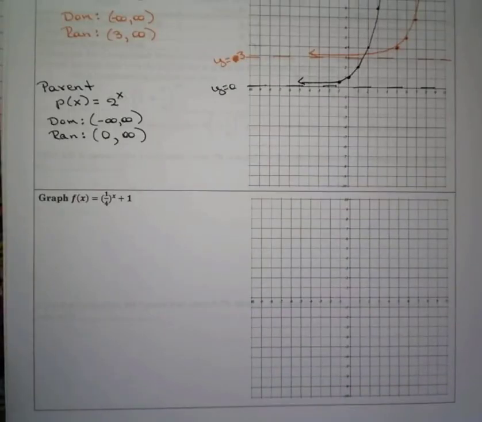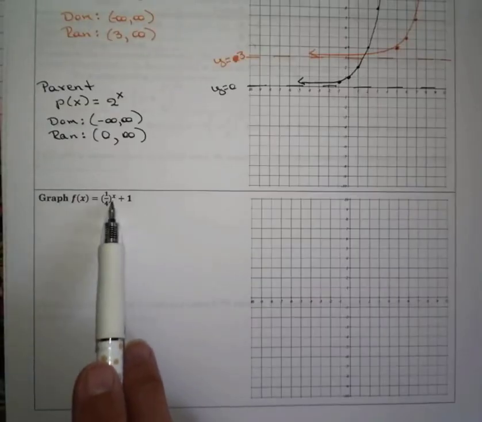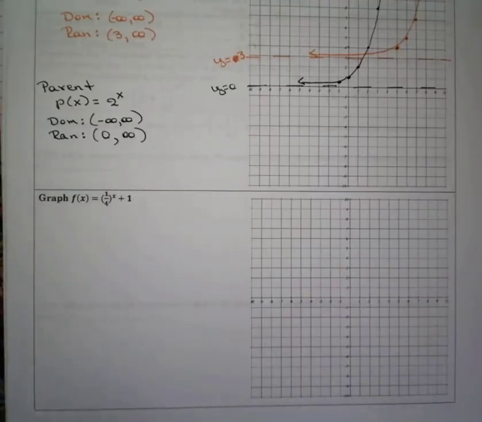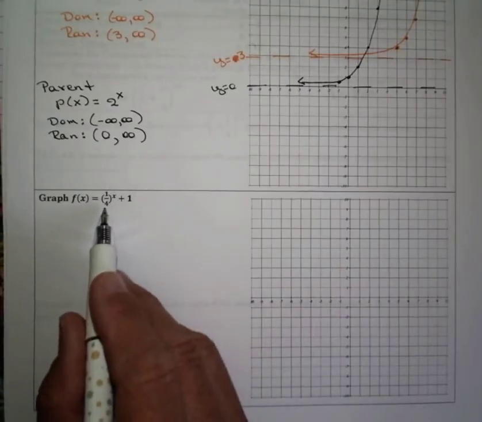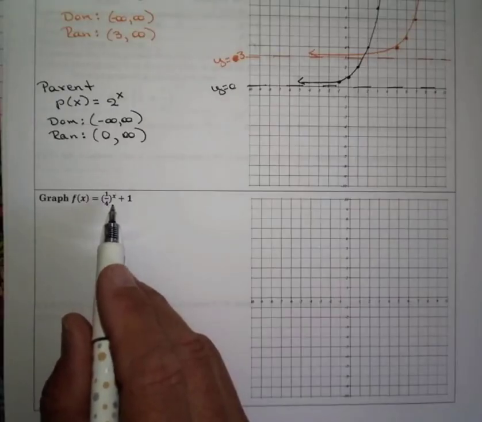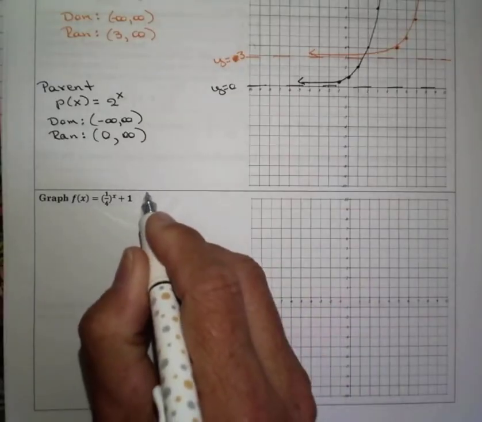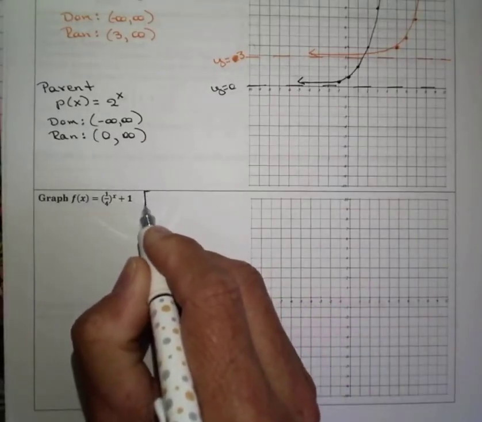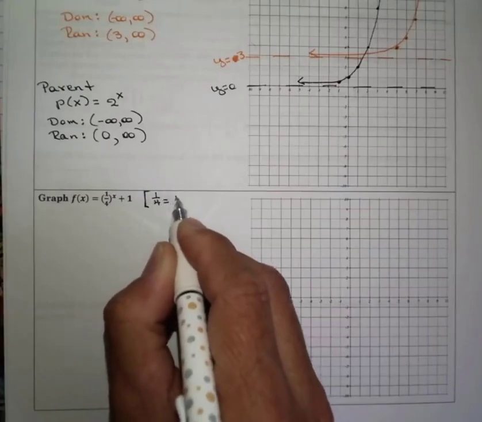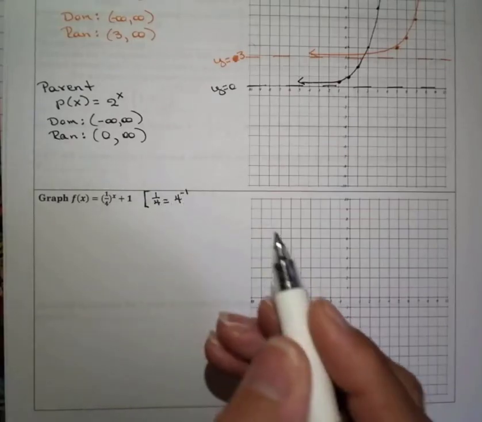Now, this second graph is really a bit unusual because it's got 1/4 raised to the power of x, and plus 1, and we're not going to worry about the plus 1 right now, but what we really need to do is say, what is 1/4 raised to the power of x? What would that look like? Well, I want you to keep this in mind. I could say 1/4 is really equal to 4 to the power of -1, isn't it?